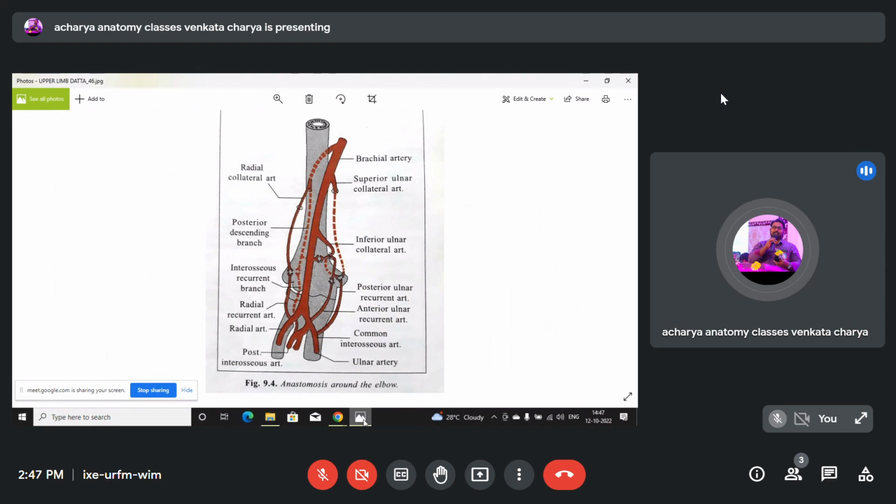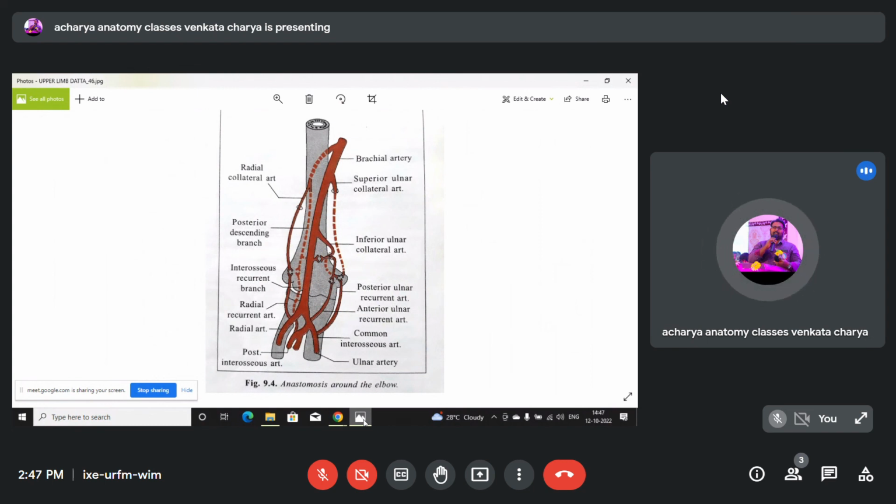This ulnar artery gives the common interosseous artery. The common interosseous artery bifurcates and gives the anterior interosseous artery and posterior interosseous artery.